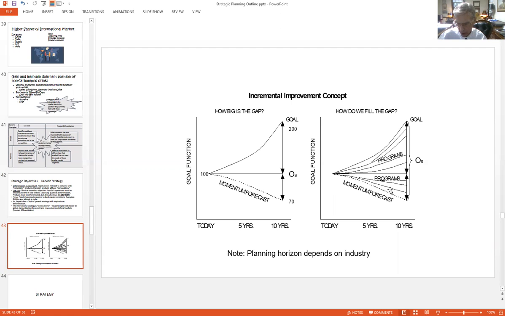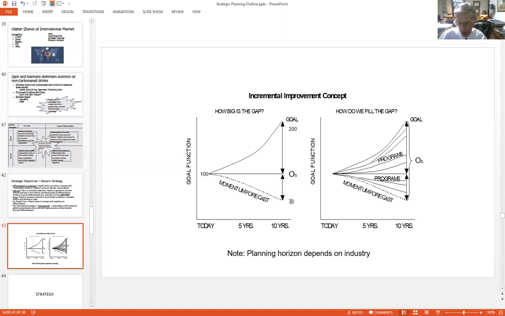Well, they're going to spell out programs or projects, and depending upon whether this is profit or sales or production volumes, whatever it might be, the idea is to prepare projects and programs that have estimated benefits equal in total to this gap.